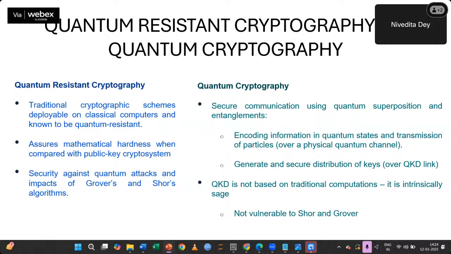Once it reaches the receiver's end, the data having been transferred through the classical channel and the key through the quantum channel, as a receiver I should be able to interpret from both the data and the key what your initial information was. This process is quantum cryptography.